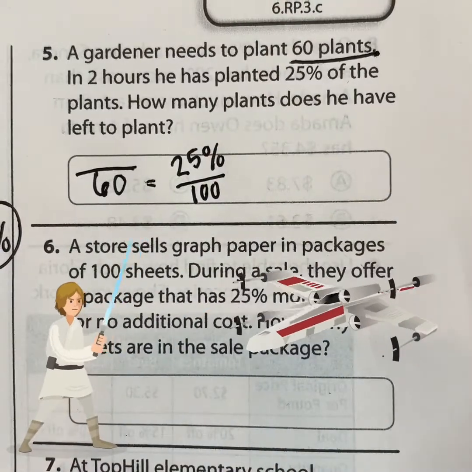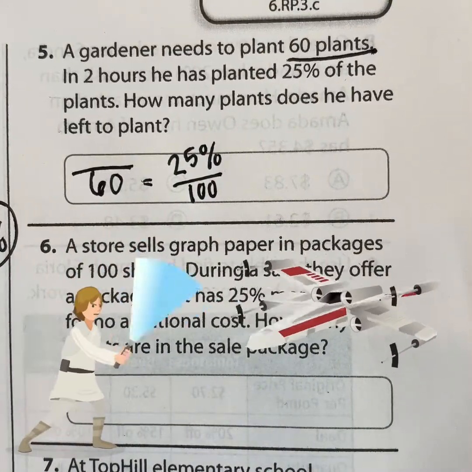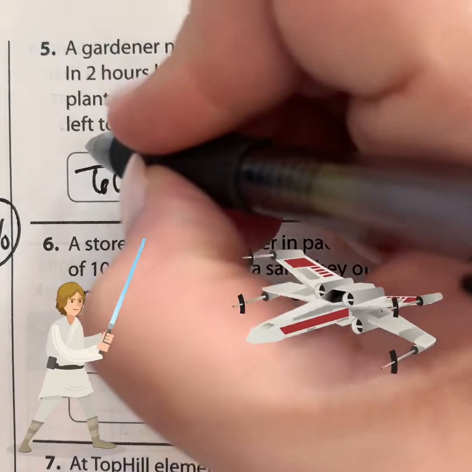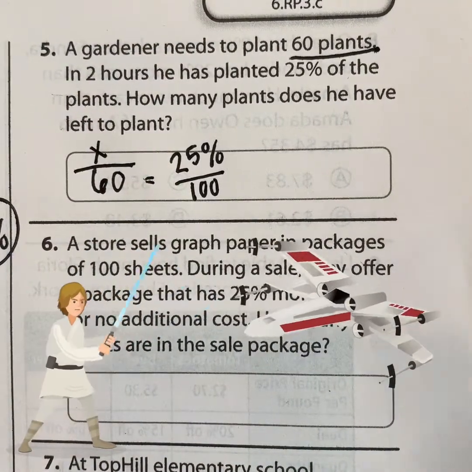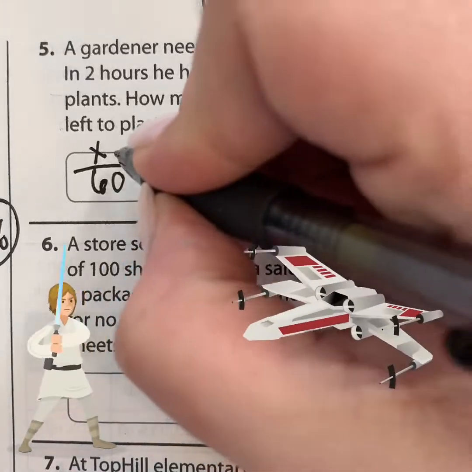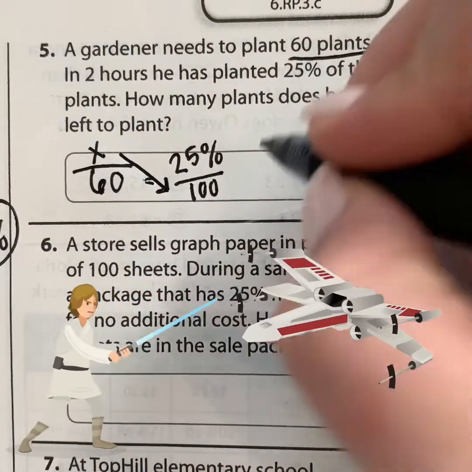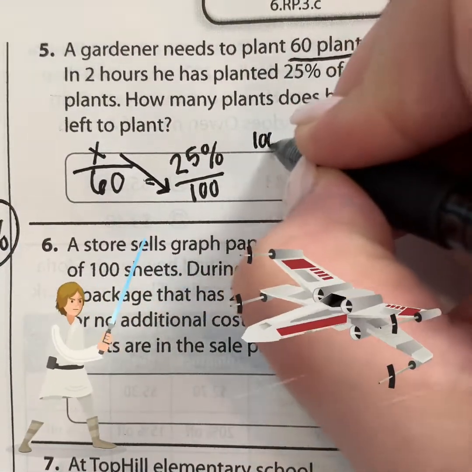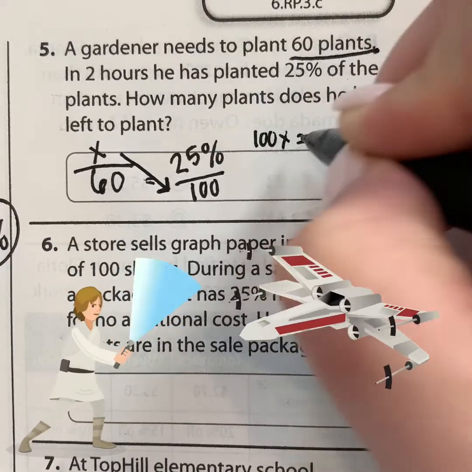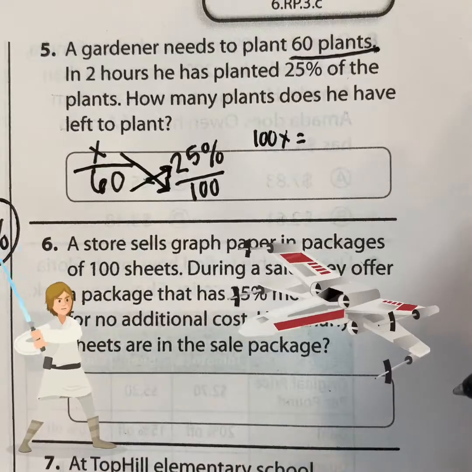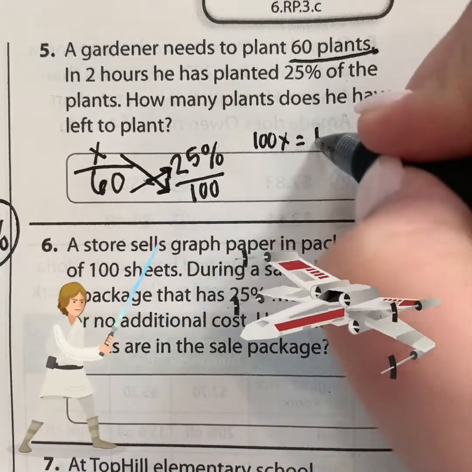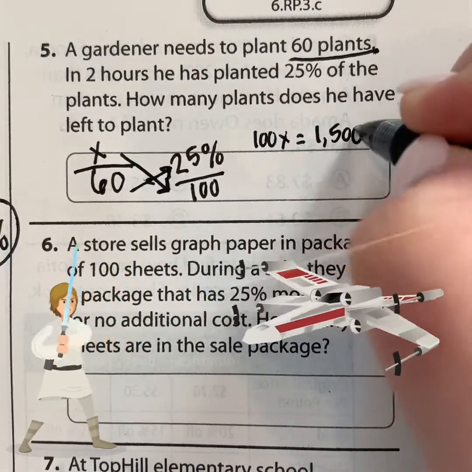And we're trying to figure out exactly how many plants he has planted so far. That is what this X equals. So cross multiply and divide. 100 times X gives me 100X. And that's equal to 60 times 25, which is 1,500.